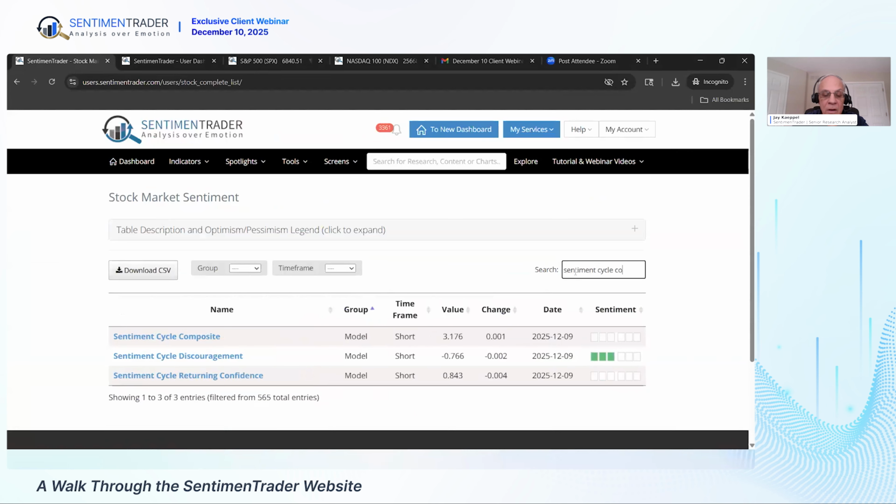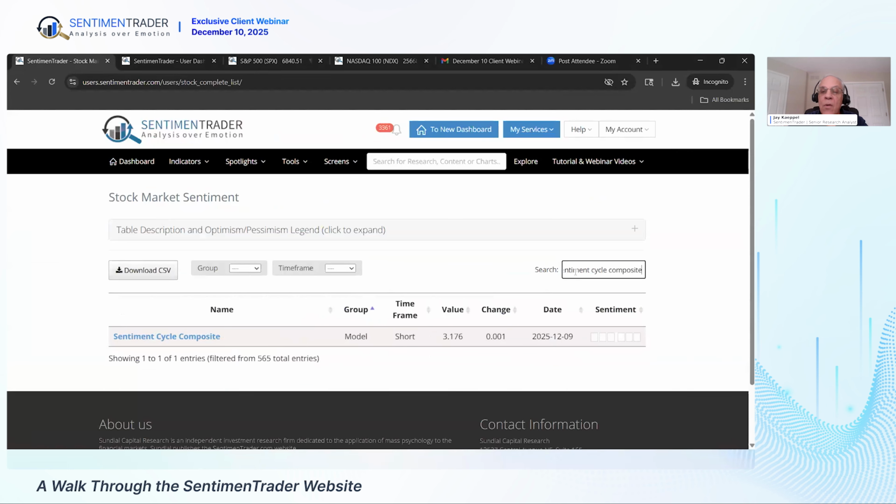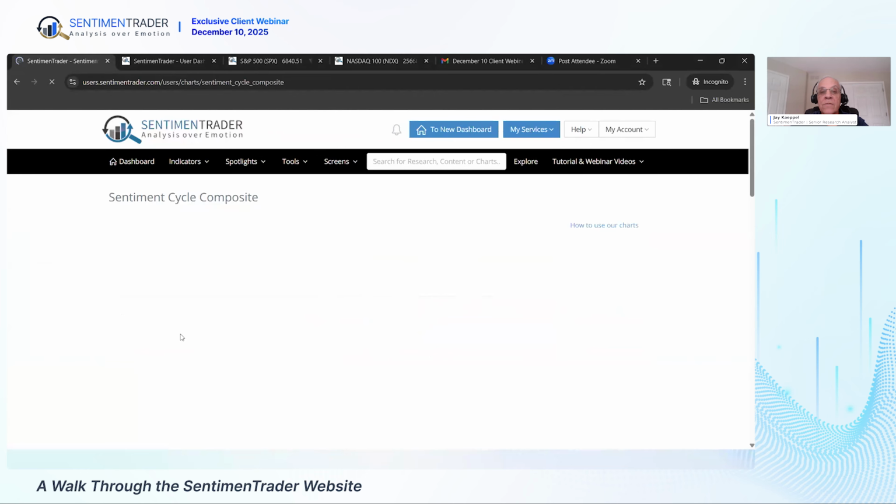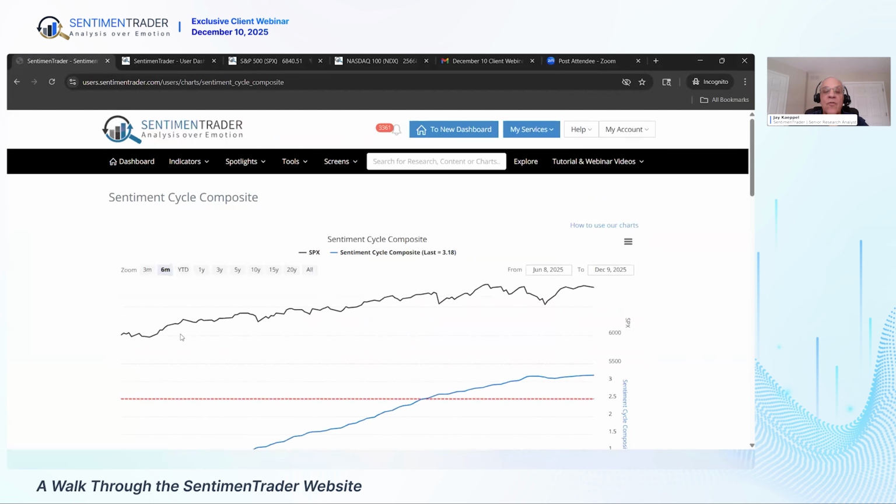Sentiment cycle composite. Now, one thing I want to point out about this one, the ones I've showed you before, the bears and the panic euphoria, when the panic euphoria gets up to a high level, technically that's bearish for stocks. That's not the case with the sentiment cycle composite.